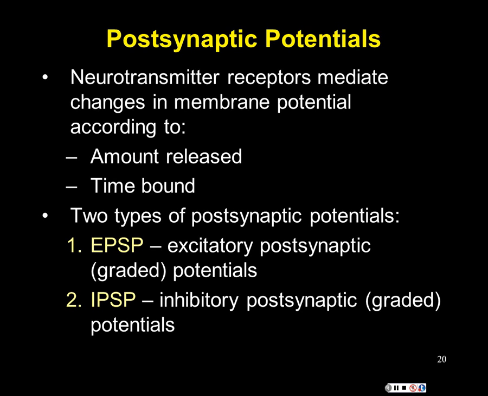The postsynaptic cell. It's still a cell, it still maintains resting membrane potential, but we're putting it in perspective. This is a cell that receives neurotransmitter from some other nerve cell. How the postsynaptic cell responds depends upon how much neurotransmitter is released and how long that neurotransmitter is bound to the receptor.